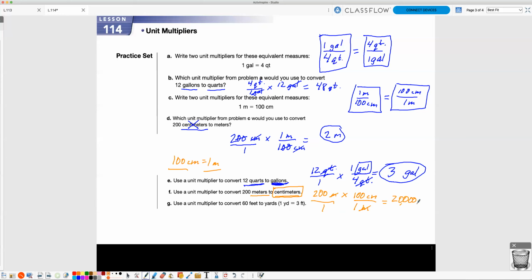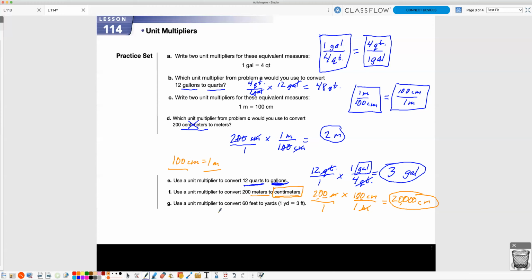Sorry, 20,000, and it would be centimeters. That would be the label, because this would be 200 times 100, which equals 20,000, because there's 1, 2, 3, 4 zeros. 1, 2, 3, 4 zeros. 2 times 1 is 2. So that's what I end up with there, and my label is centimeters.